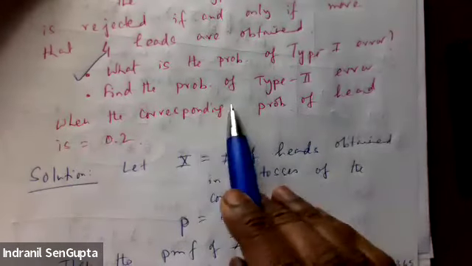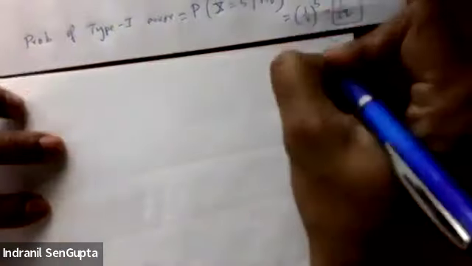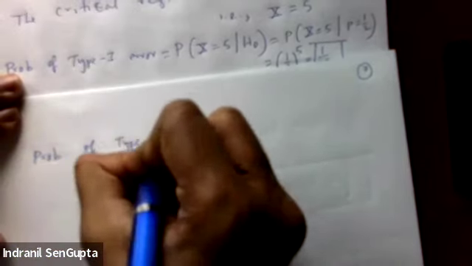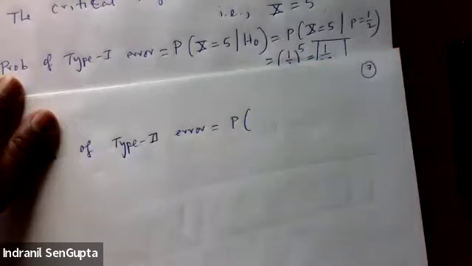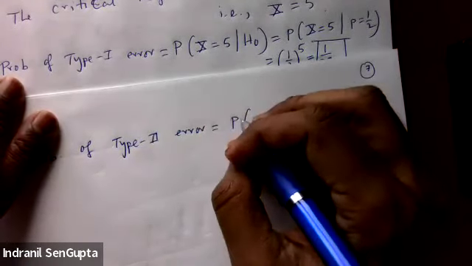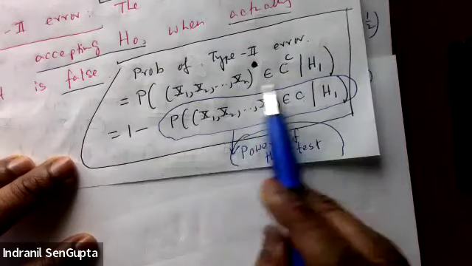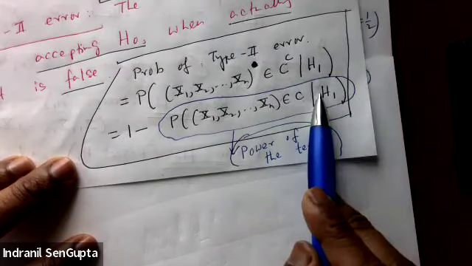The second part is, what is the probability of type 2 error when the corresponding probability of head is 0.2? So let's compute this. The probability of type 2 error is basically, we have written it in many different ways, equal to 1 minus the probability that the value is in the critical region given H1 is true.